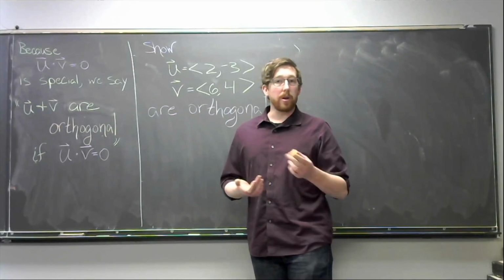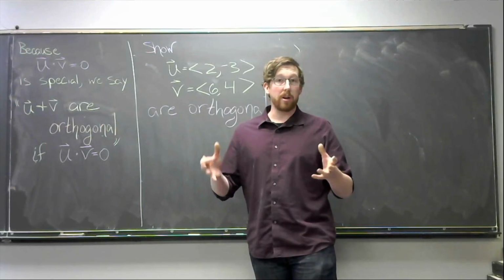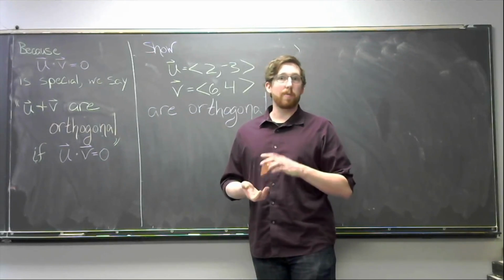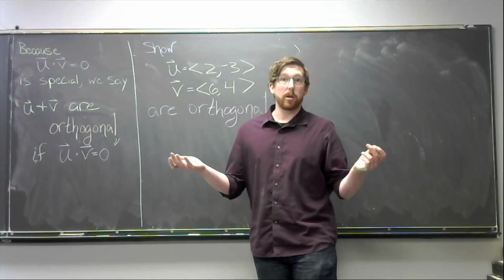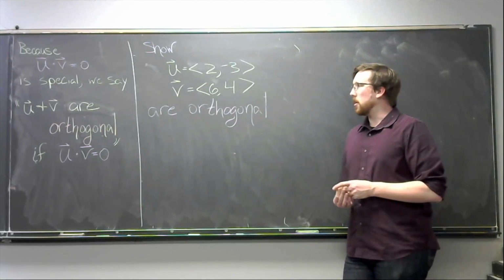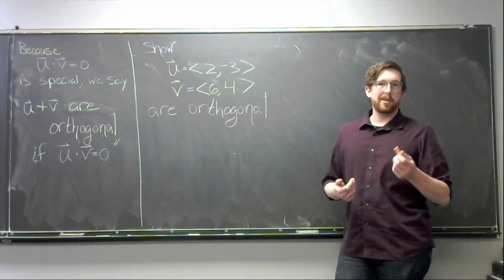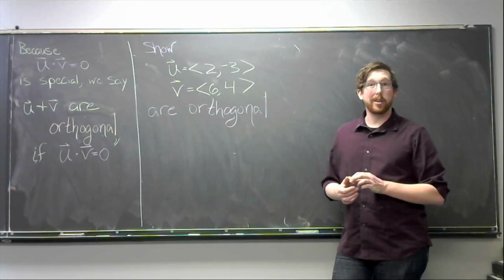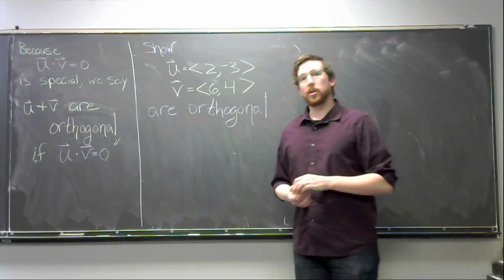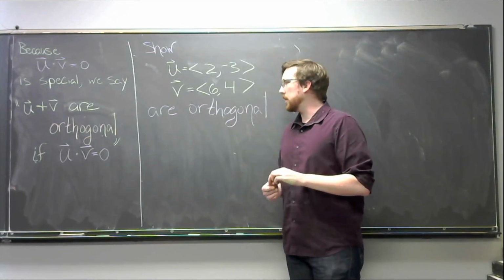So on an exam, I might say two vectors are orthogonal to each other, find their inner product. And that might be all I tell you. Well, their inner product is going to be 0 because they're orthogonal to each other. And that's really why we say that. It's a pain, frankly, sometimes to say u dot v is equal to 0. Saying u and v are orthogonal is a little bit easier. It says a lot, actually.